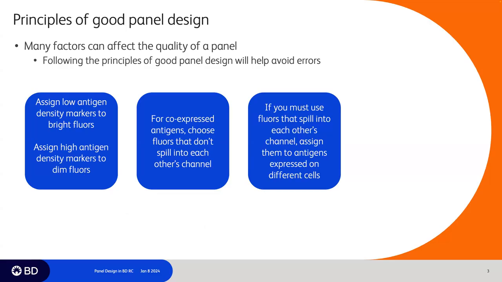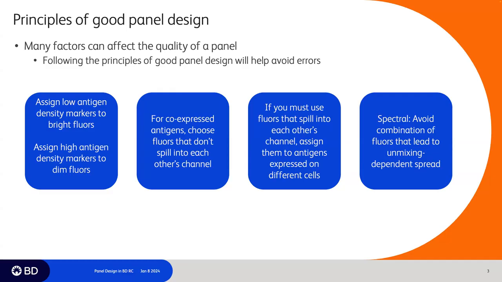If you must use fluors that spill into each other's channel, either because there are no other fluorochrome options for that marker, or if you're doing a particularly large panel, then it's important to assign them to antigens expressed on different cells. And lastly, a consideration for spectral panels is to avoid combinations of fluorochromes that lead to unmixing dependent spread.